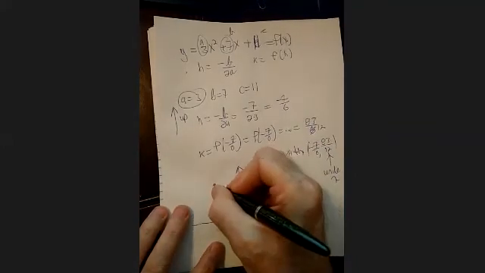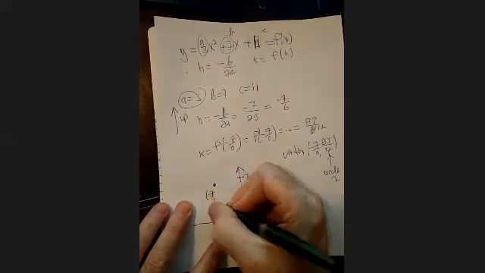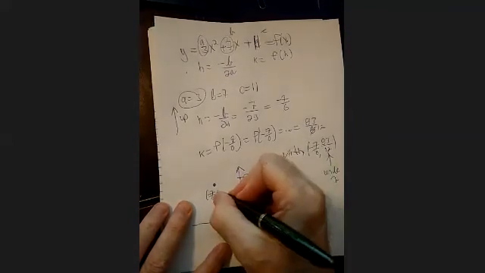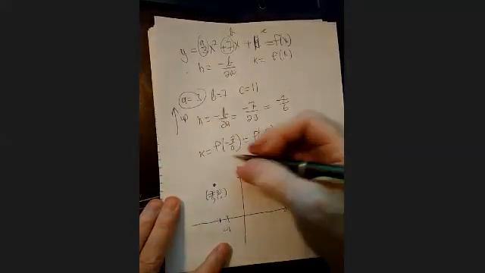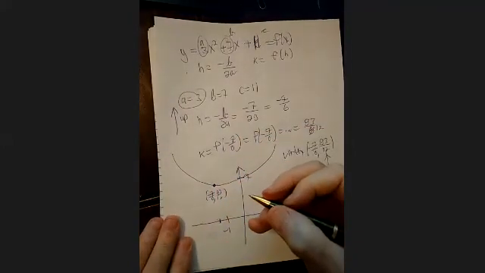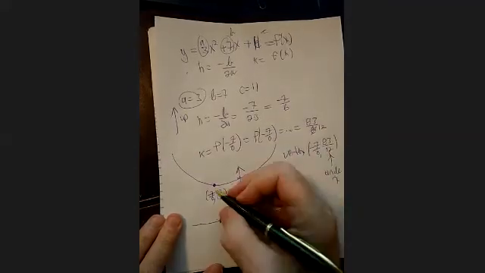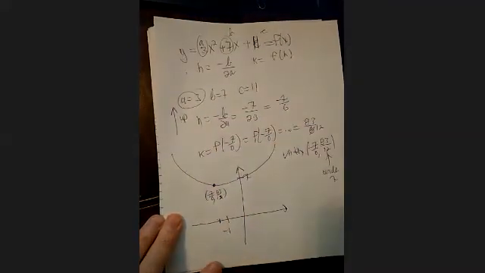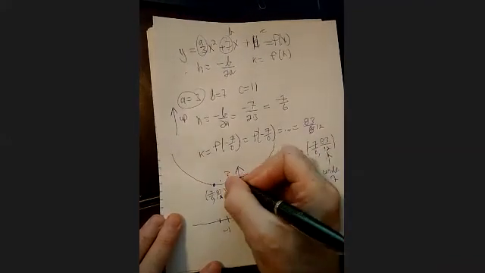So right here is going to be my vertex, -7/6, 83/12. So we know the graph is going to open up like this because a is greater than 0. So that's going to be a rough sketch of the graph. It's not very good. I don't know if that's where it goes.